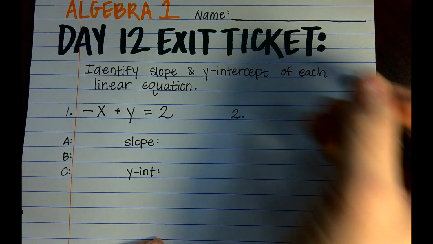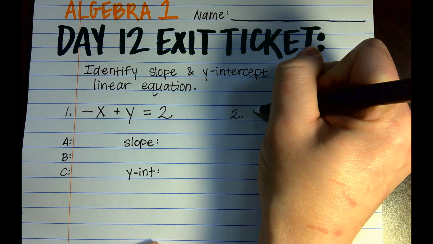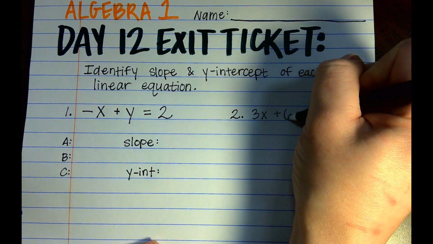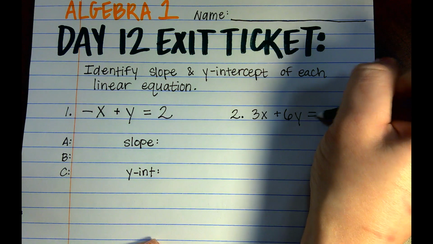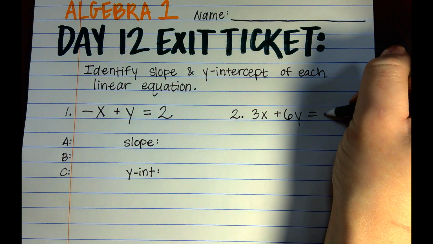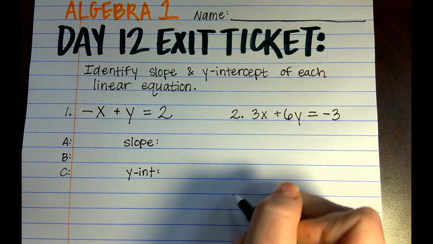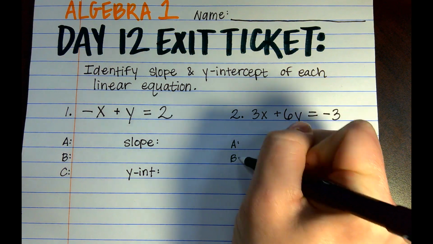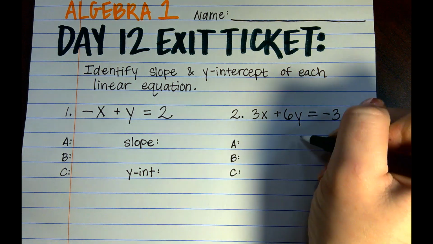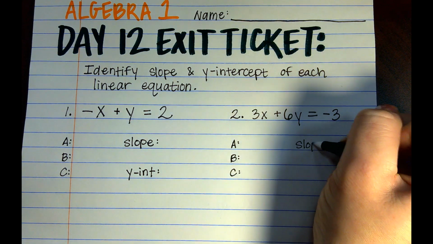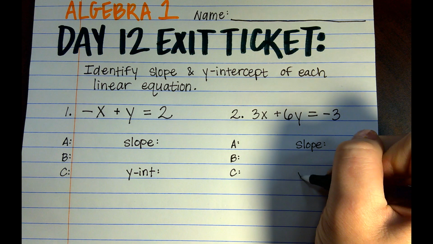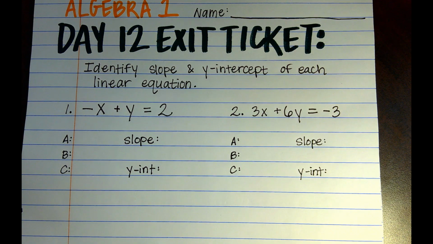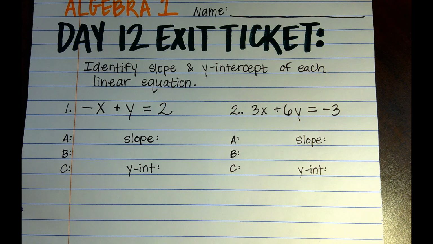Number two. C. Slope. Intercept. And I am just going to make you do 2 today.